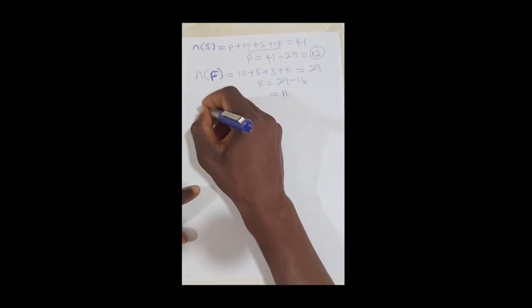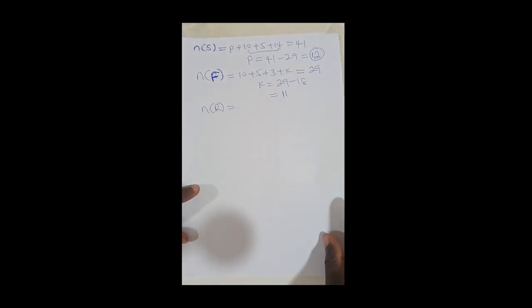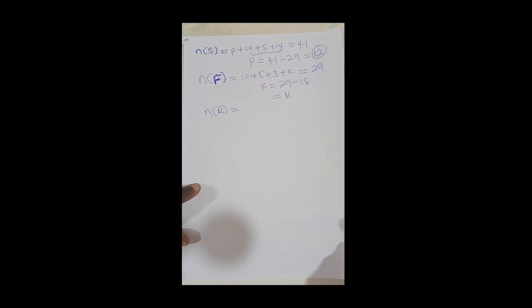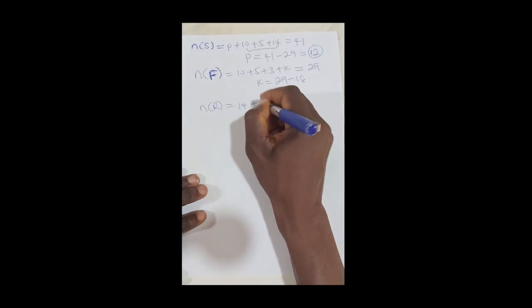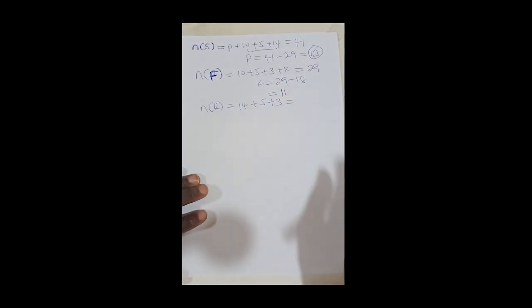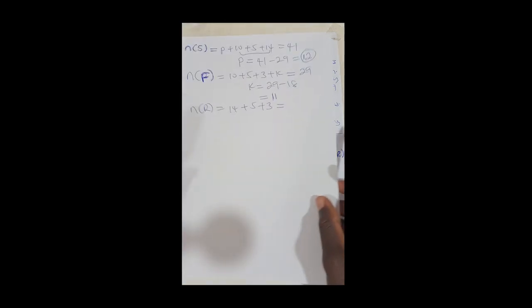And finally, Russian. We also want to find those that are Russian only, which will be equal to 14 plus 5 plus 3 plus T. We're given 26 for Russian, so that is equal to 26.